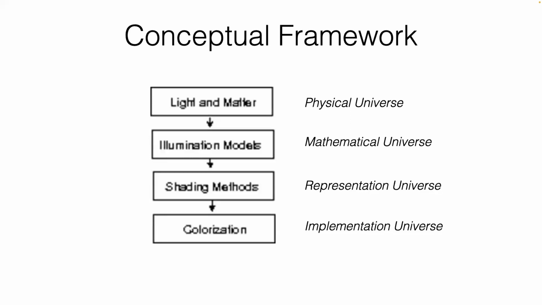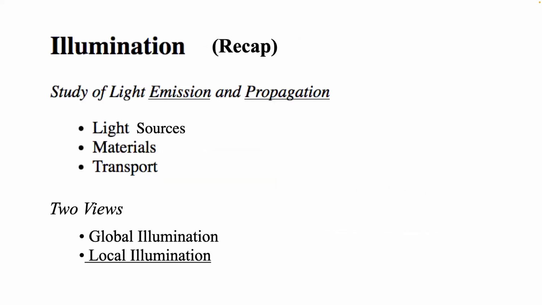And then to implement this, we are going to have in the implementation universe rasterization functions that basically are going to materialize all these concepts physically in some device. Okay. So we start with illumination.